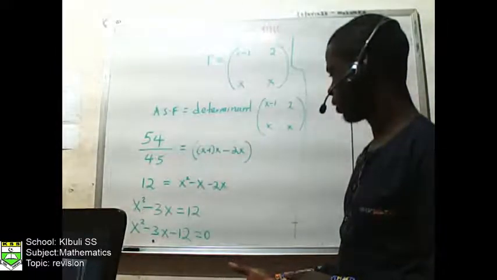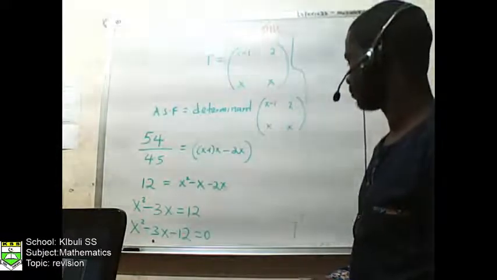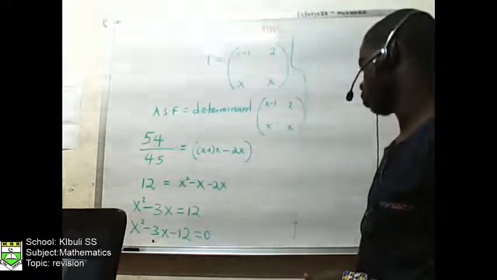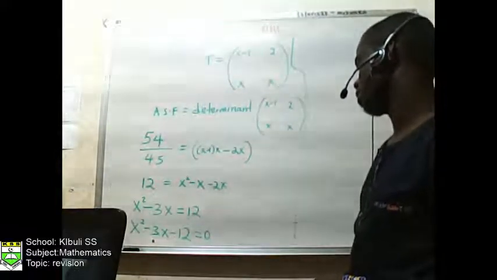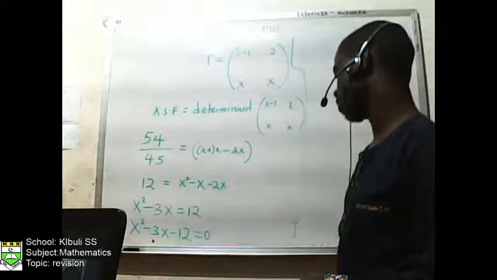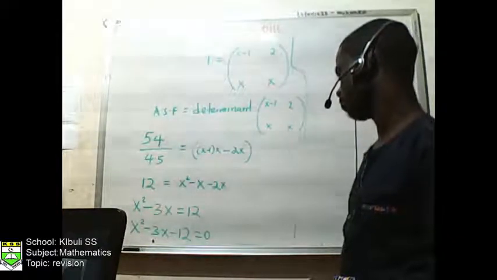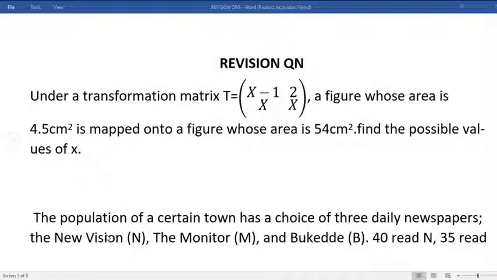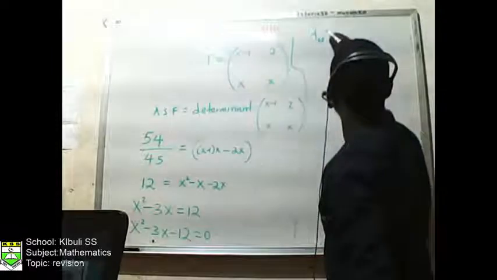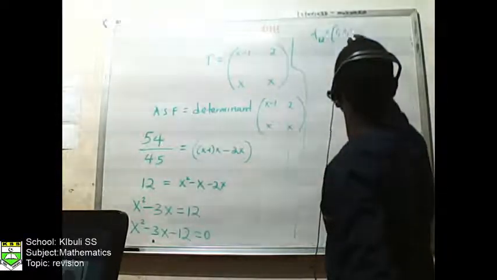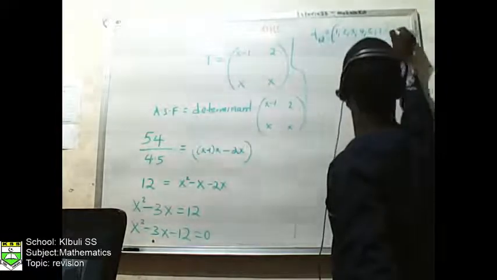I can first list the factors of 12: 1, 2, 3, 4, 6, and 12.